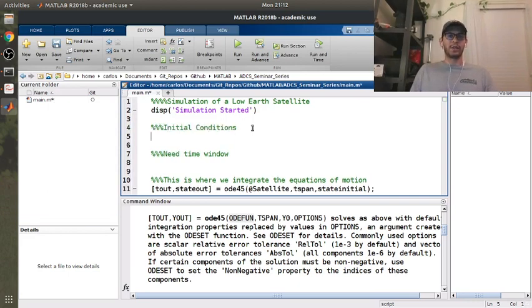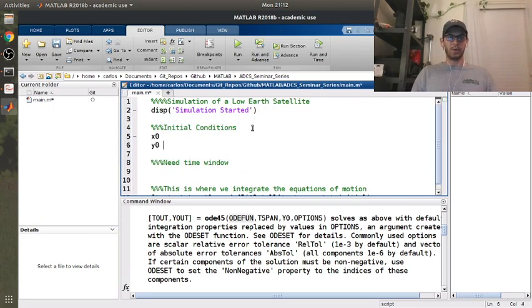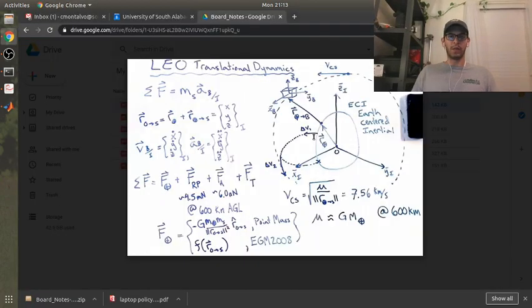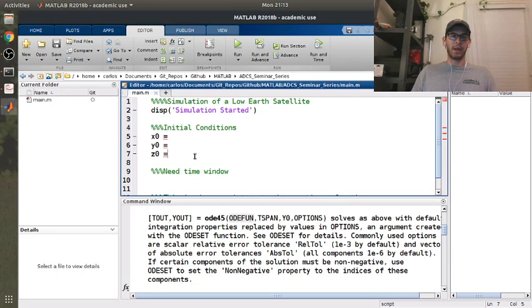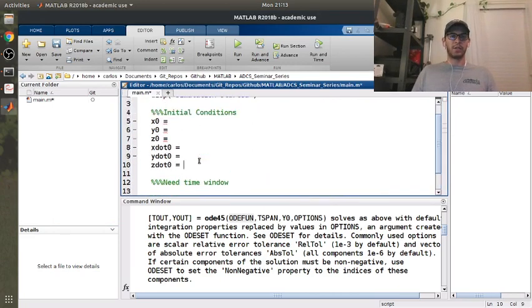Now I'm doing translational dynamics, so I need an x0, a y0, and a z0, and by the way, I also need x dot 0, y dot 0, and z dot 0. So I need the initial position and the initial velocity, and then the initial state is going to be x0, y0, z0, x dot 0, y dot 0, z dot 0, and that's it.